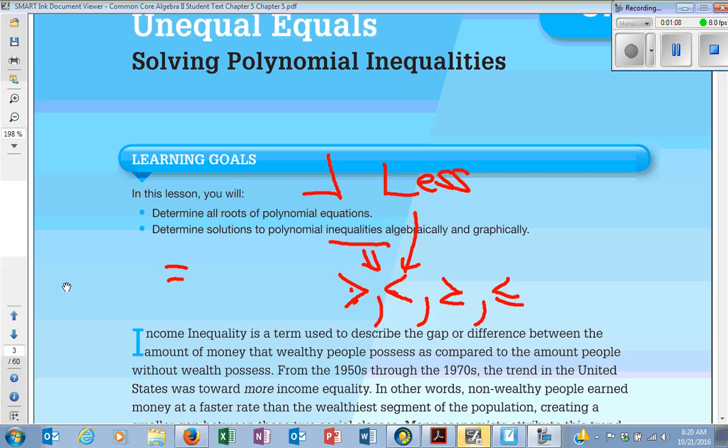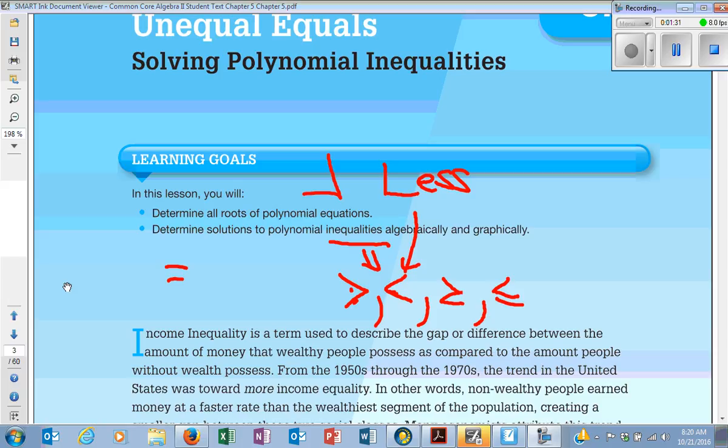In the real world, do we deal with more equations, do you think, or do we deal with more inequalities? Think about your day-to-day. I think we deal with inequalities way more than we do with equations.